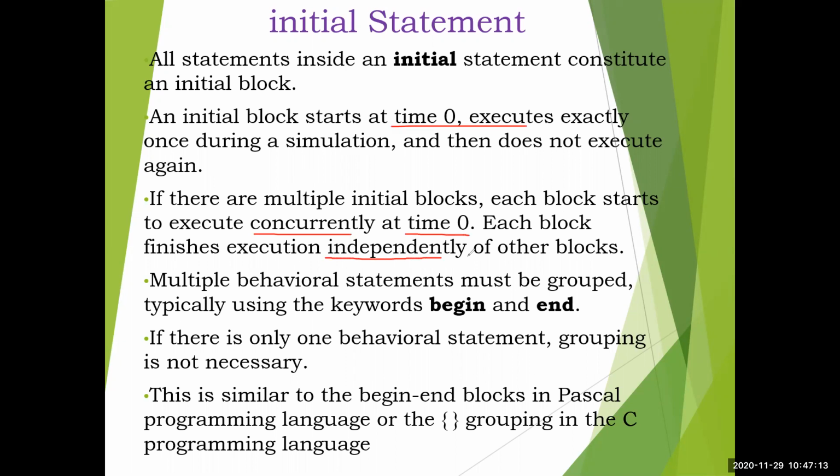One initial block may be very small, one may be very big. One initial block may have no delay, another may have some delays that we have specified. In that case the ending is not the same, it is independent, whereas the beginning is at the same time 0.